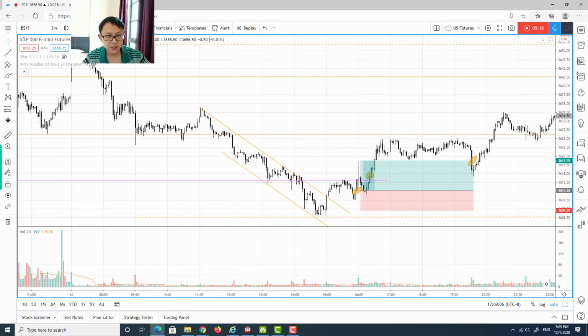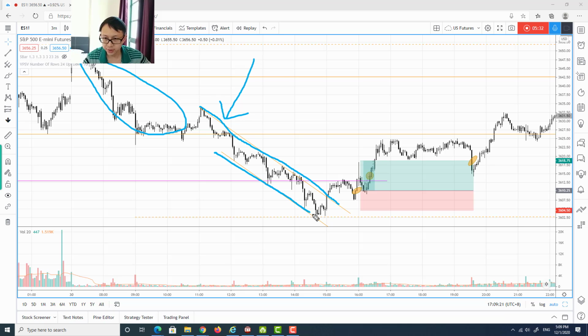You can see that prior to the trade happening, we have this kind of reaction, followed by a relatively sharp, nice trending down because it's just traveling within this down channel.